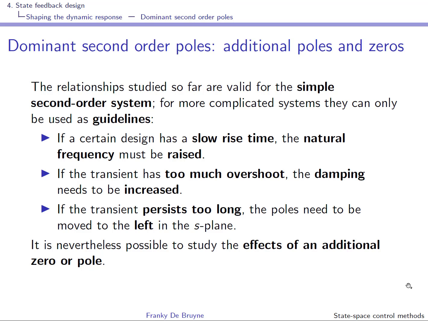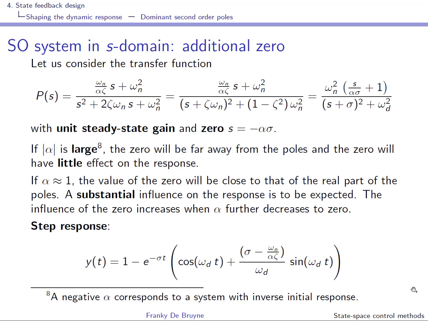Nevertheless, it is interesting to study the effects of an additional zero or pole, and this is what we'll do in the next slides. So let us have a look at the presence of an additional zero. We'll consider a transfer function with the same denominator, and again we can do the completion of the squares.